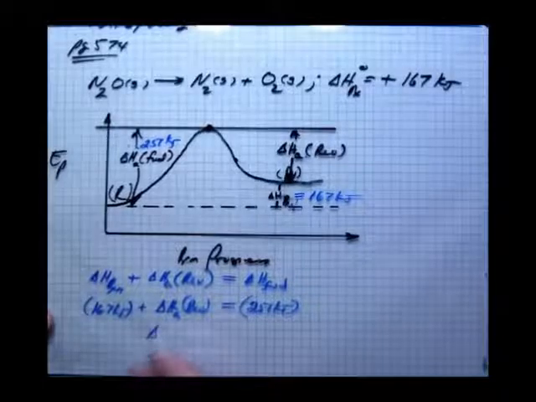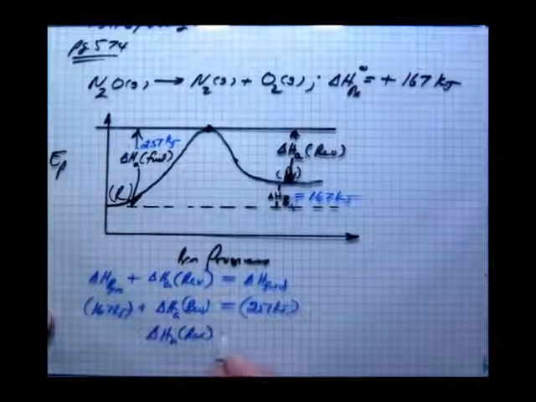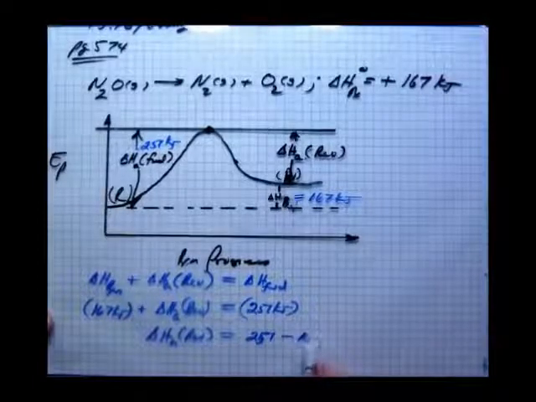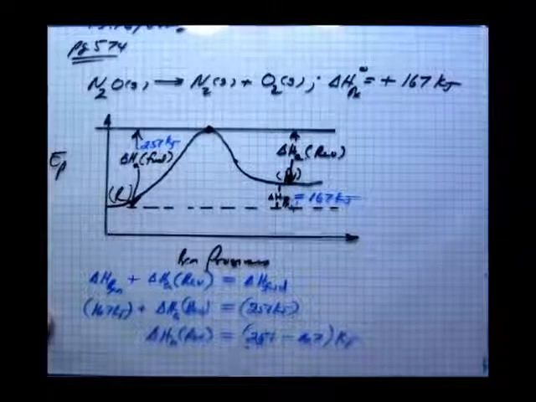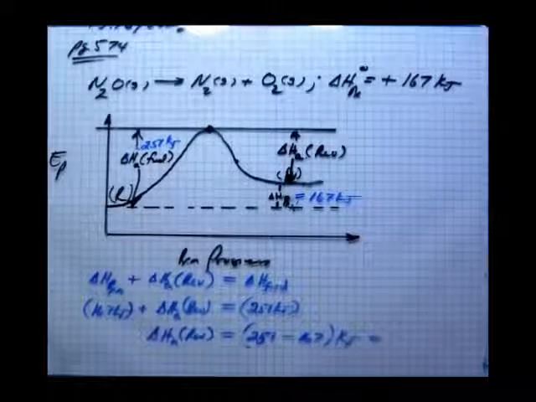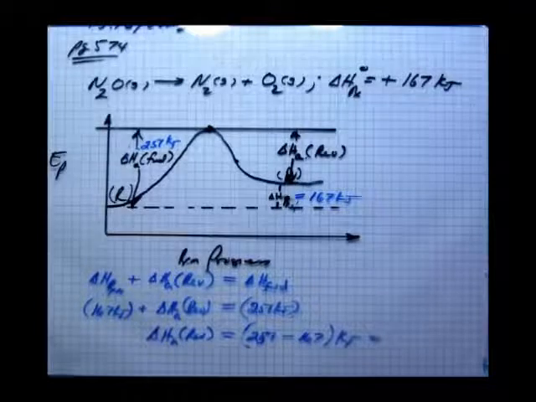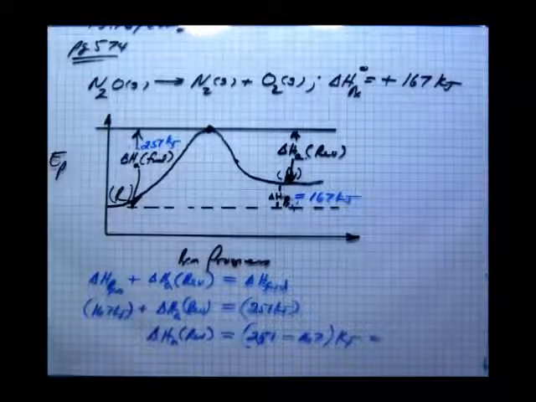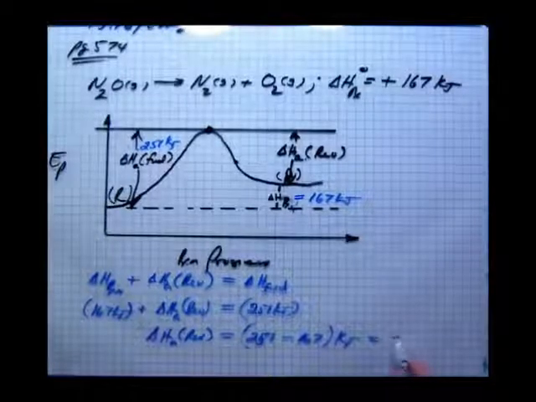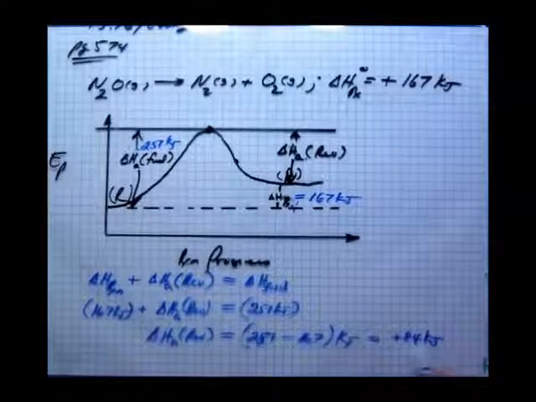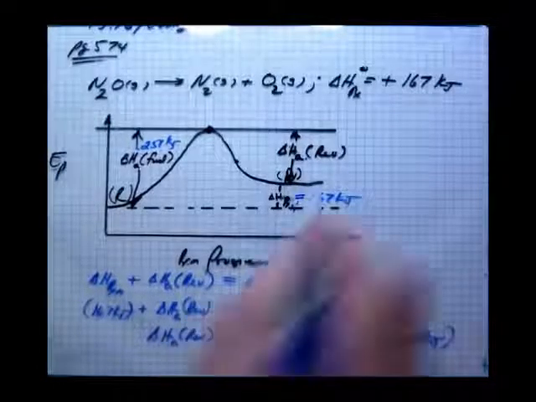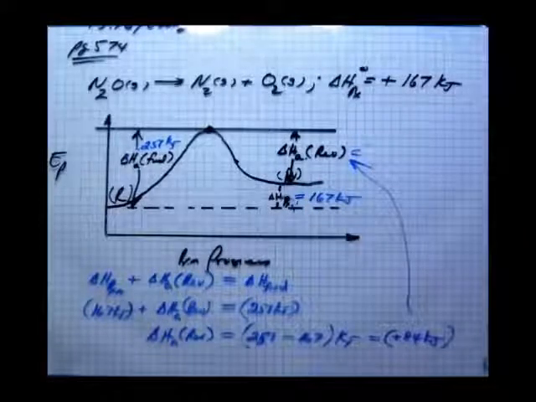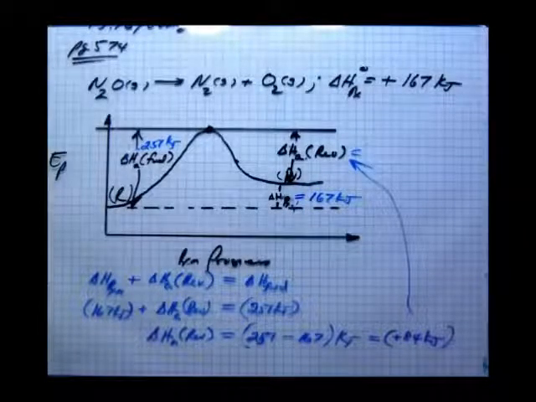And so the delta H reverse is 251 minus 167, and everything comes out in kilojoules. Okay, that's for the reverse reaction right there. So you see how I'm dealing with that?